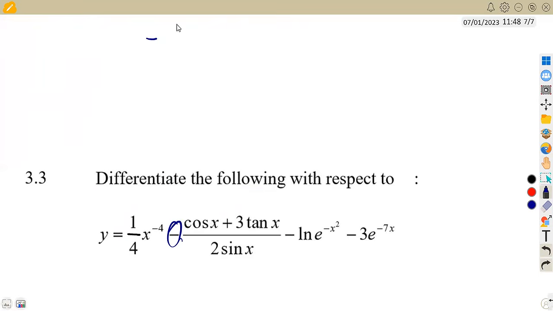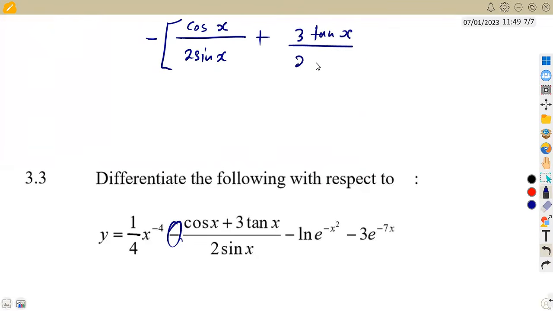So you're going to separate the fraction, the first term over this, the second term over this. I think I explained this from the first term. So this will be cos x over 2 sin x, plus 3 tan x, everything over 2 sin x. Everything is separated with 2 sin x.